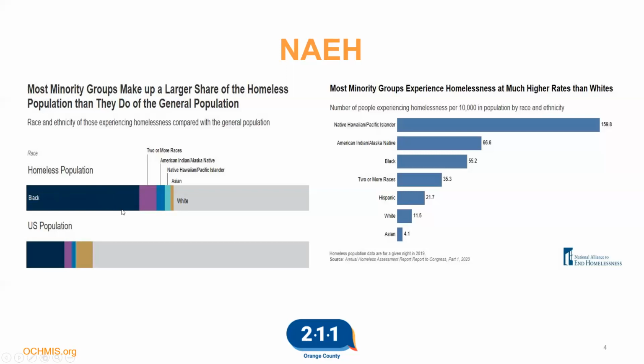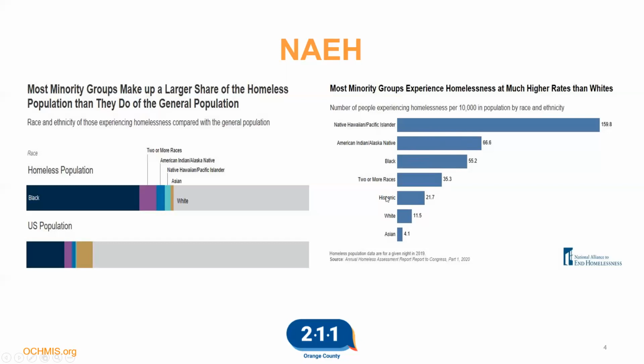You'll see here on the left, they are just looking at the race field. So if the client was Black, multiple races, American Indian, Alaskan Native, Native Hawaiian, Asian, or white. And then on the right side here, you can see that they have incorporated both race and ethnicity into one chart. So this is what I'm talking about when I'm asking about categorization. In this chart, they have a bar for Hispanic clients.